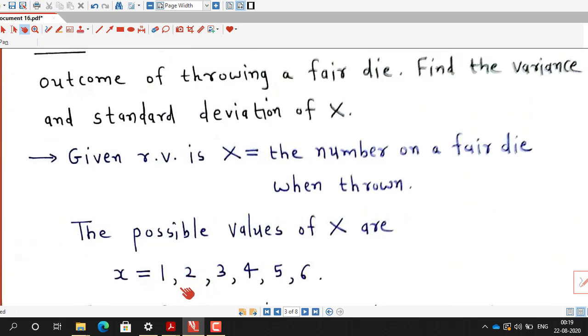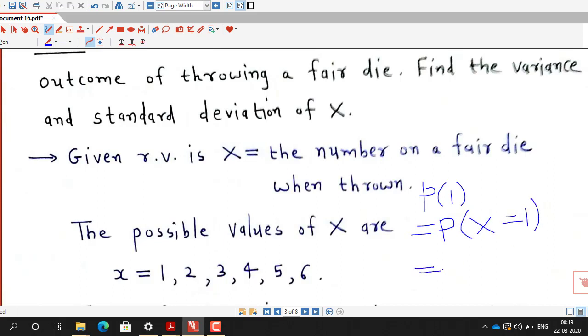and for each outcome, suppose I want to find the PMF for x equal to 1, then I have to find the probability that x equal to 1 occurs. There are a total of 6 possible outcomes, and the probability that 1 occurs is only 1, so it is 1 by 6.